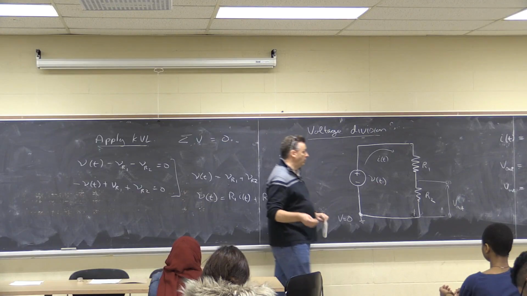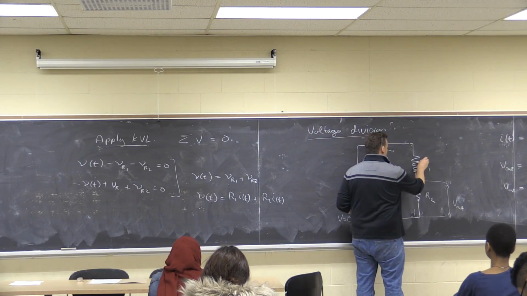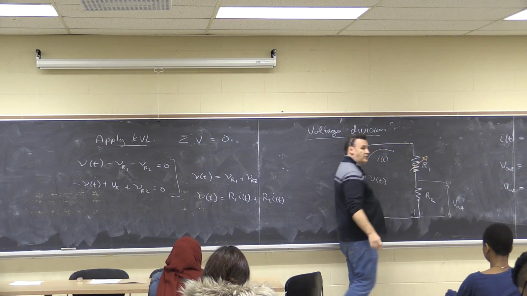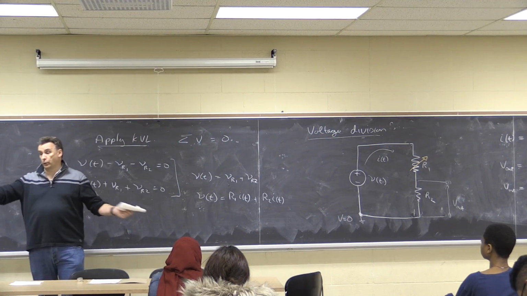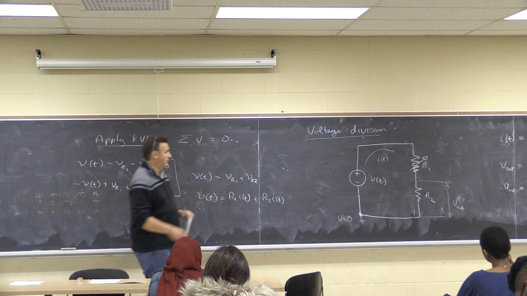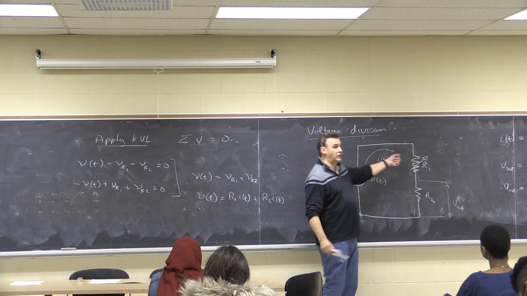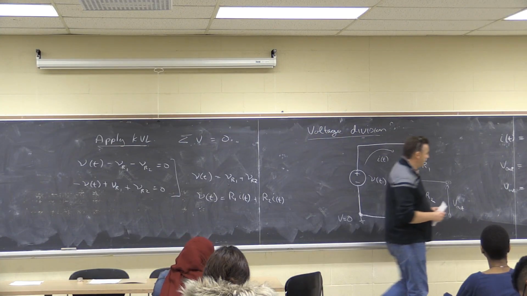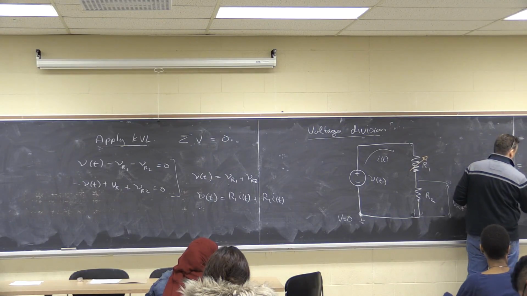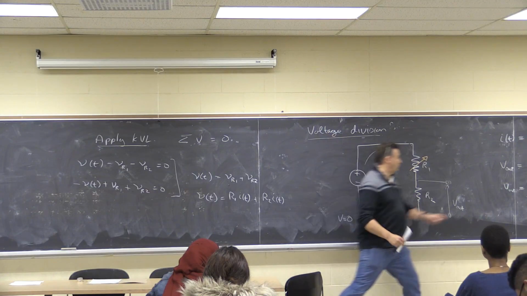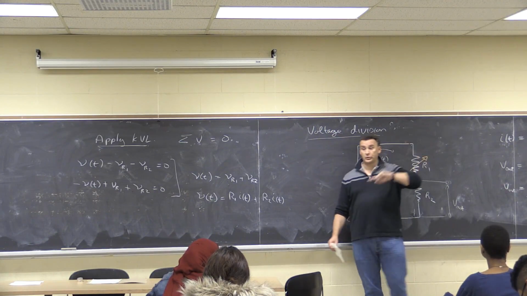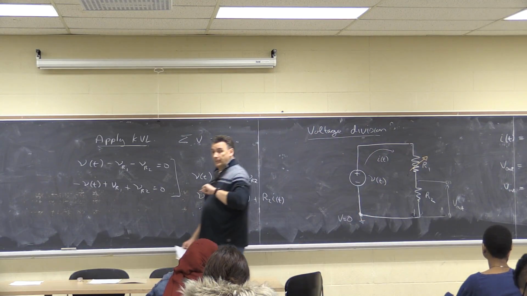So for example, if I make this a variable resistor, so this resistor I change by changing the path length or the length of the wire or something in the resistor. So I've got a knob that changes this resistance. That means R1 becomes a variable. So now my output voltage changes as I change the resistance.